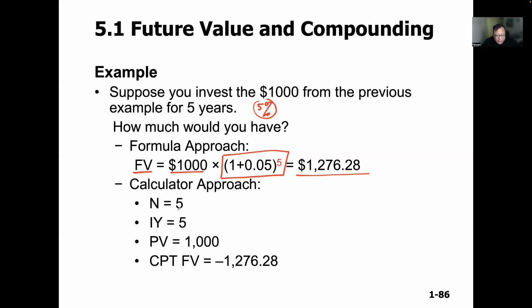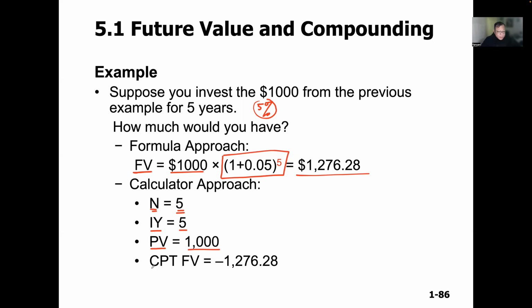And you can also calculate this using your financial calculator, right? So remember the sequence. If you don't know how to use financial calculators, make sure that you learn how to do that. When you use the financial calculator, you first press the number 5 button, and then you press N. Then it assigns the number 5 to N. Similar idea: press 5 and then press I/Y, press 1,000 and then press present value.